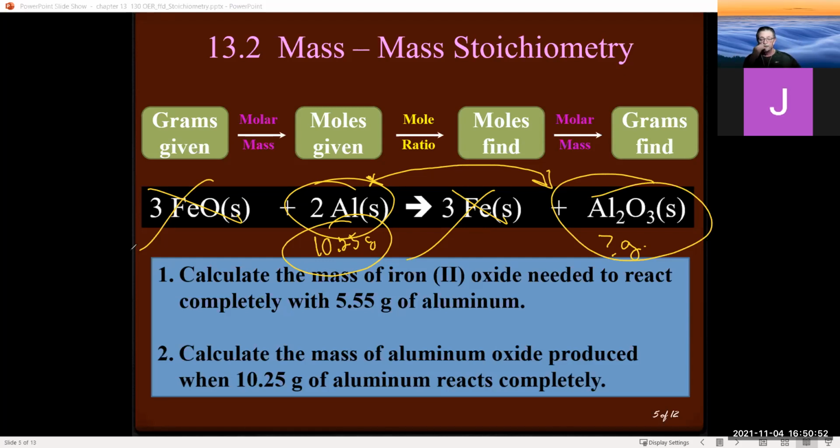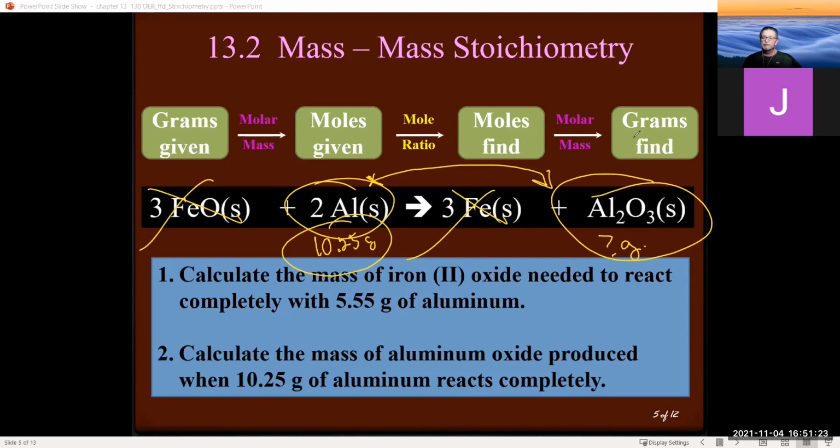We're only concerned about what the question is asking us to calculate and not the other species. I state that because I've had answers where we're asking for aluminum oxide and aluminum, and somehow iron gets in the calculation. Occasionally, I've had iron 2 oxide and iron interacting in the calculation, and I'm like, no, that's not what the question asked.